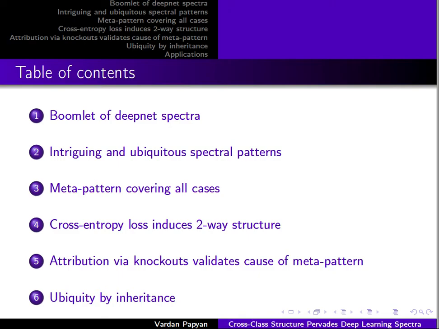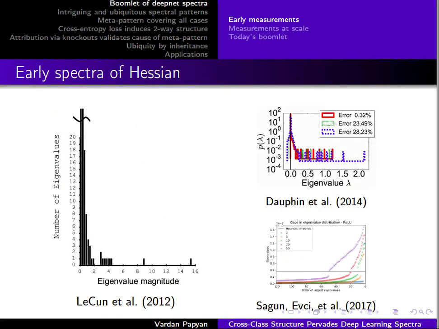OK, so let's begin by talking about the earliest measurement in the literature of eigenvalues of a certain quantity associated with deep learning. So in 2012, LeCun and co-authors measured the eigenvalues, or the spectrum, of the Hessian of a deep net. So what is the Hessian of a deep net?